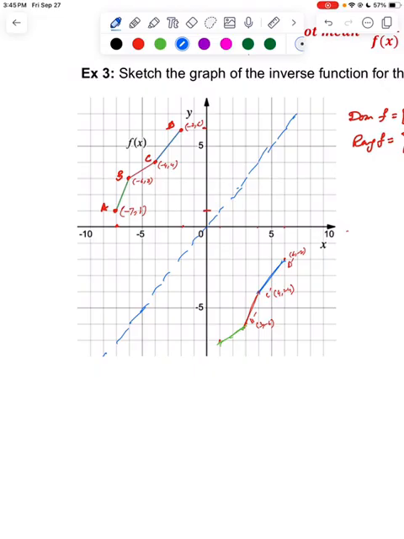So this is the f inverse x function, and that is the f of x function.